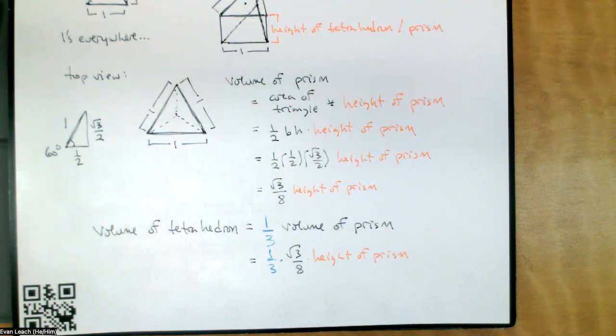At this point, you should recognize which question I am not going to be answering today. Because if I was going to tell you what the height of the prism was, I would have just written down height of prism. I wouldn't have written height of prism the whole time. So the next thing you need to do is find the height of the prism and write the volume of the tetrahedron as a definite integral.